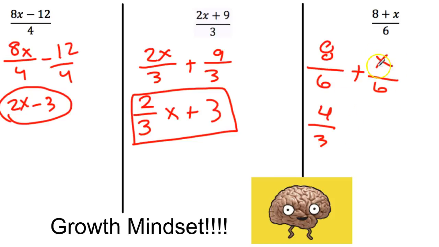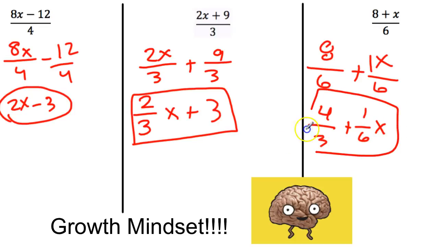Over here, when you just have x on the top, there's really a 1 in front of it. People in math are lazy. We don't like to write 1s. But if you see a number or a variable without a number in the front, it's going to be 1. So this will simplify to 1/6 x. All right, so that's the answer for that one.